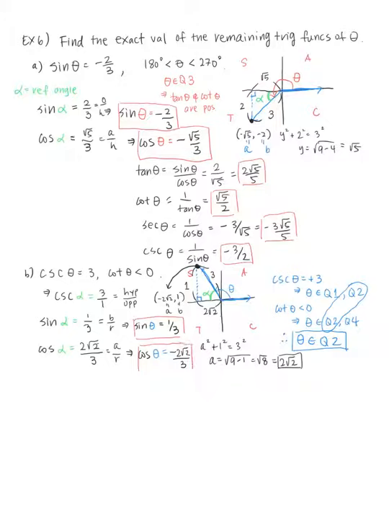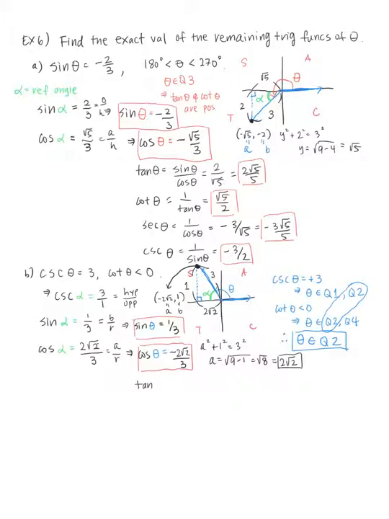Which matches up because look, cosine of theta should be A over R. So again, A is negative 2 root 2 and R is 3, which makes sense. All right, so your textbook computes the reference angle for the rest of the trig functions, but we don't need to do that because we got ourselves sine and cosine of theta. All right, so now let's derive the rest of it.